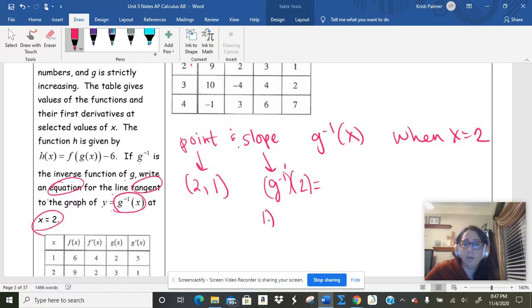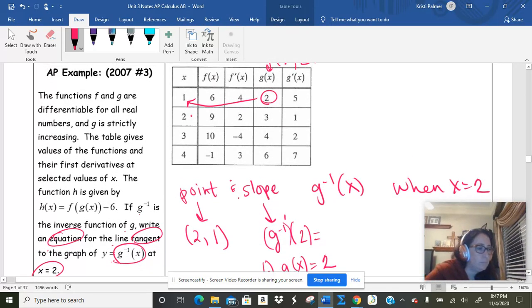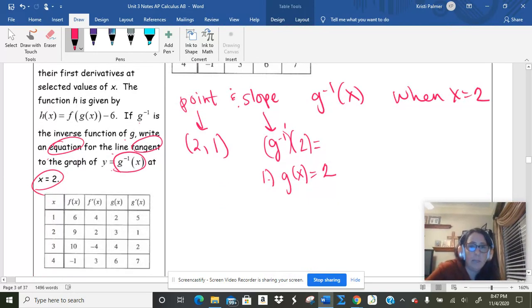So that's where we do our 3 steps. Where does g of x equal to? And we've already found that. That's where x is 1. Step 2. What is g prime of 1?